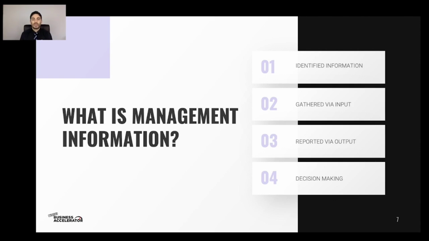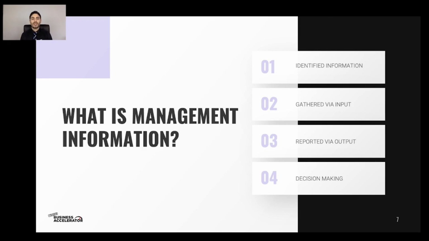That's what good management information is. It's information that is collected throughout the day of operations that ultimately you can click a button and export a report so that you can see all of the important metrics and all of the important KPIs that are relevant to what it is that you're trying to achieve aligned with your business objectives moving forward.